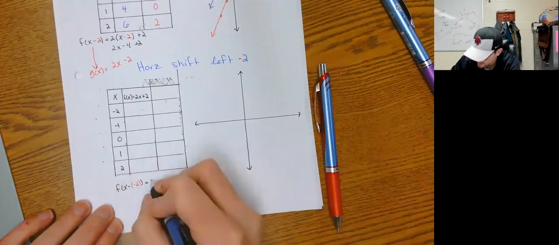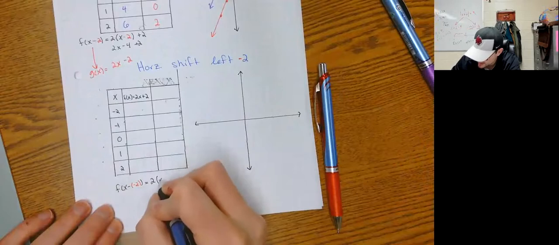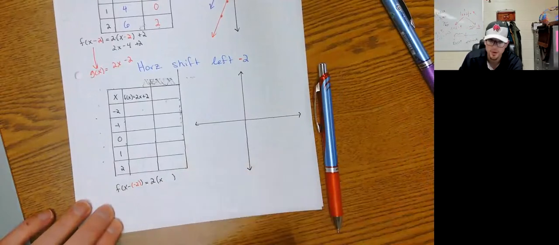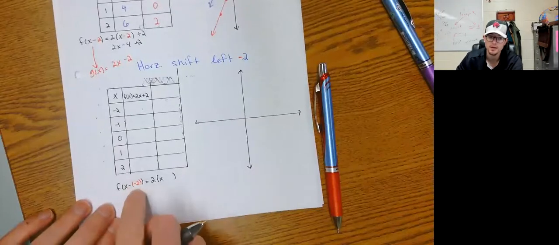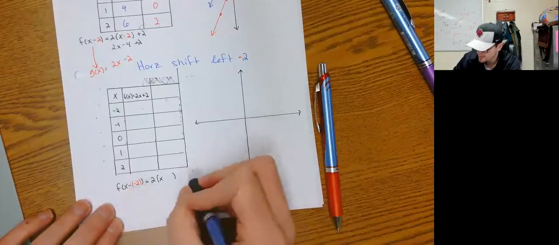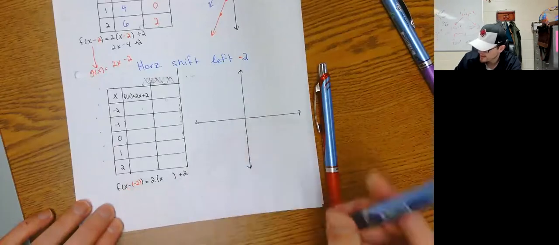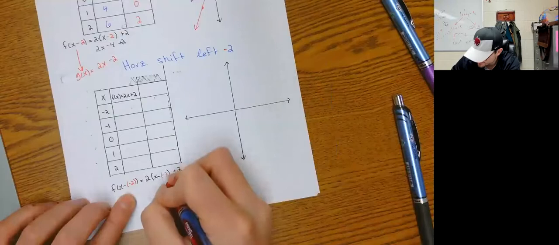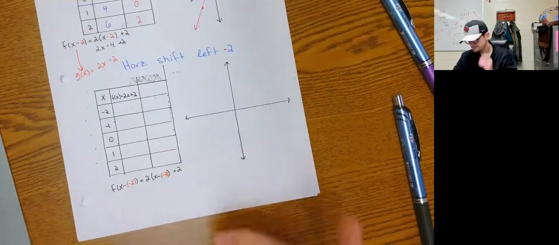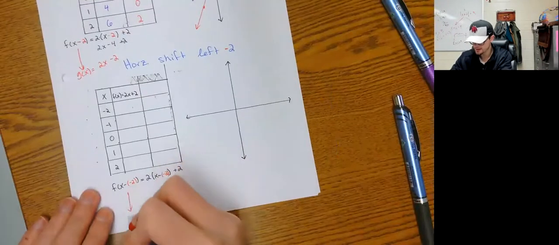Equals, now again, you're putting parentheses around just the variable because this is happening inside the function. It's happening directly to the variable, to the input. And we would do minus, the same thing that's on the inside there, we put here. Okay. Now again, this is going to change to be g of x.